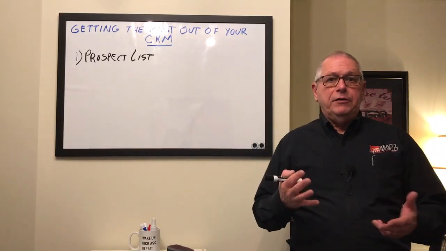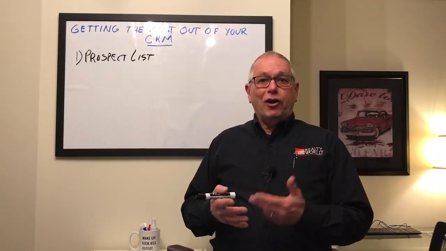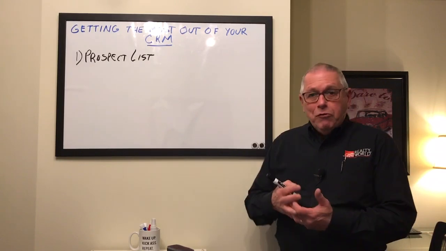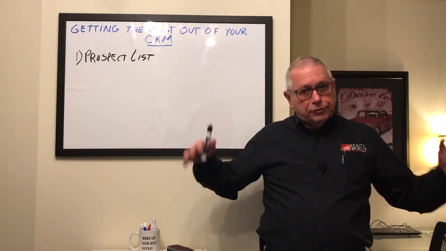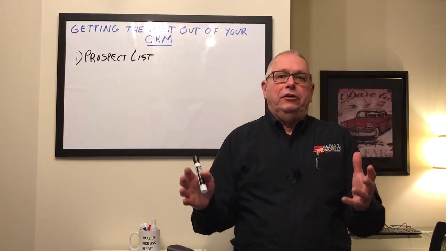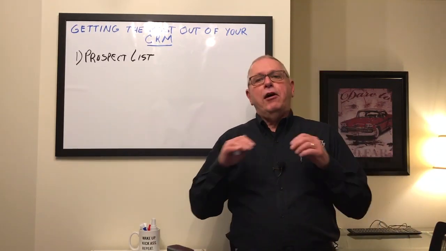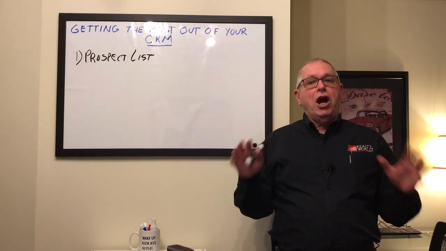So it's going to be friends, family members, acquaintances, anyone that you know is going to go on your prospect list. So the first thing that you're going to do is put this list together of all of the people that you know.